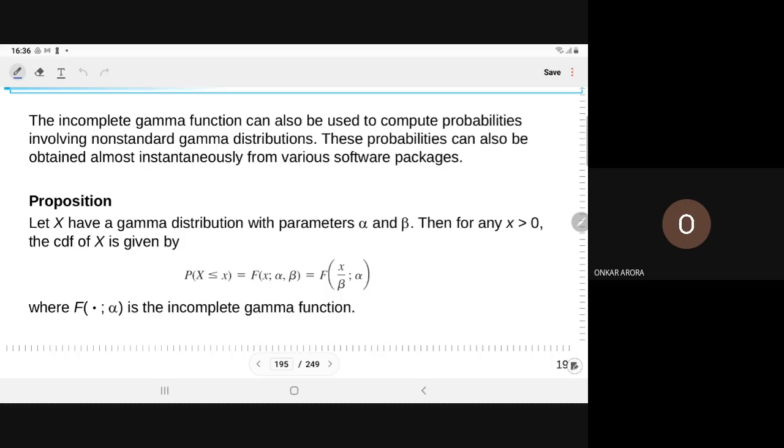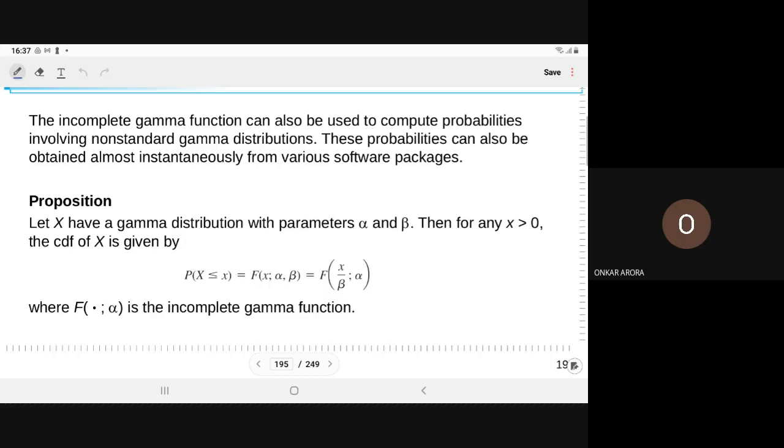Now the question arises, how can we determine this for a general, or non-standard, gamma variate? We have the table only for beta equal to 1. But if beta is not equal to 1 in our question, how can we determine it?